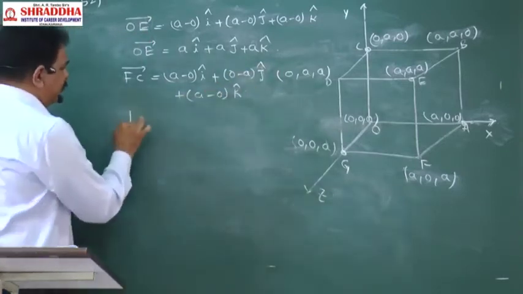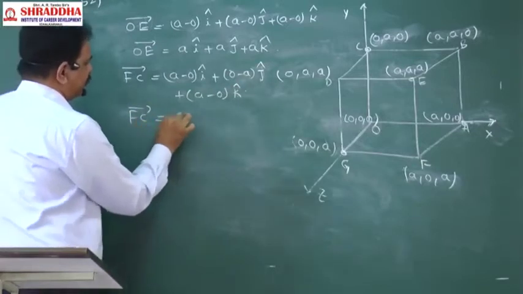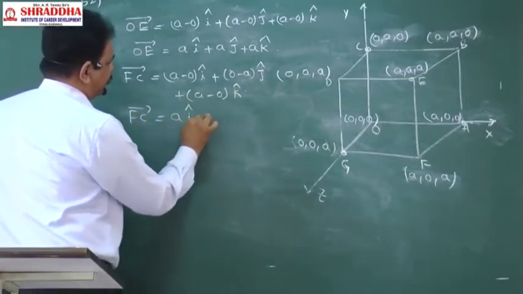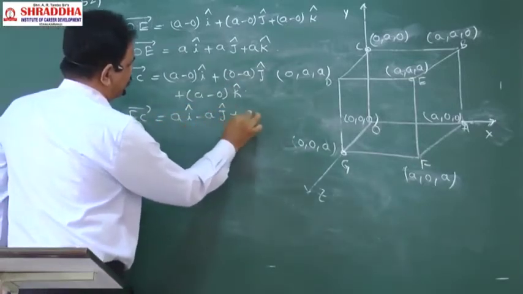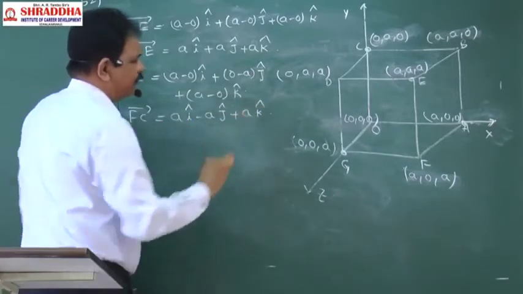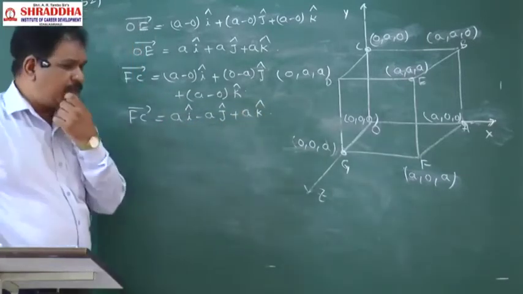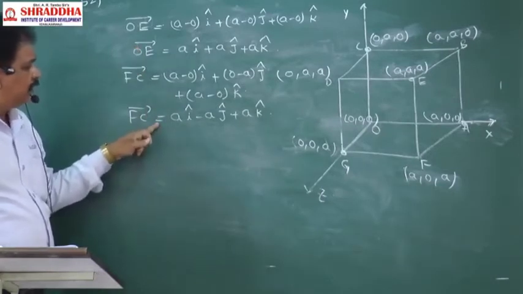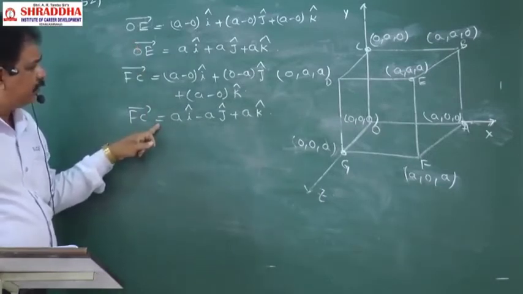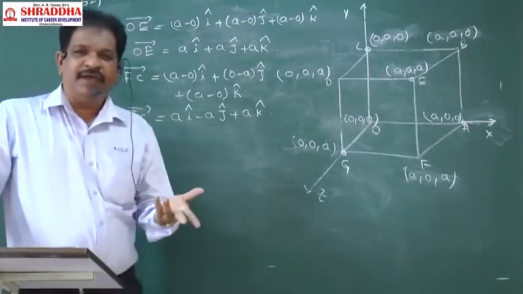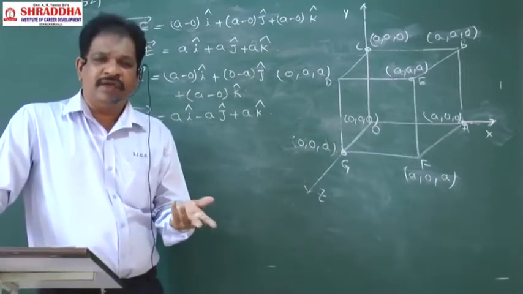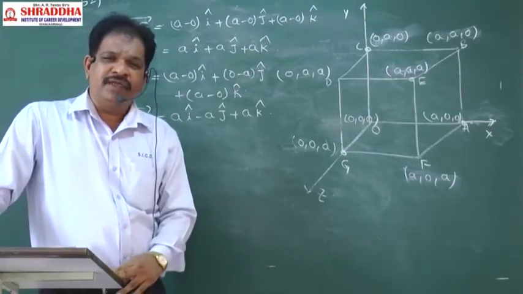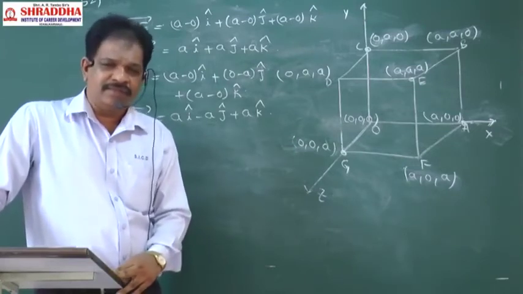So FC bar is equal to a i cap minus a j cap plus a k cap. OE bar we got as one diagonal, this is another diagonal. We can write four diagonals also, no need. Just consider any two diagonals, that is enough.